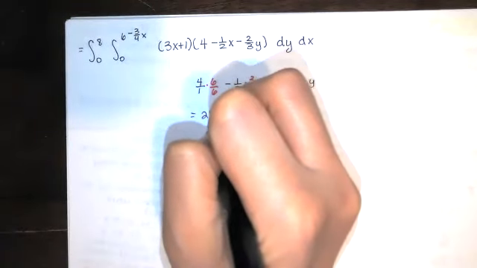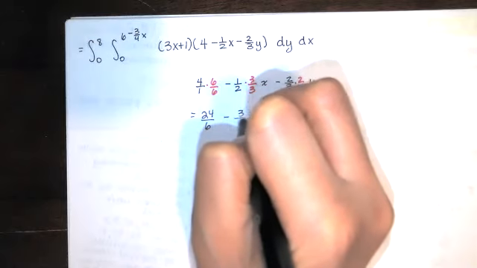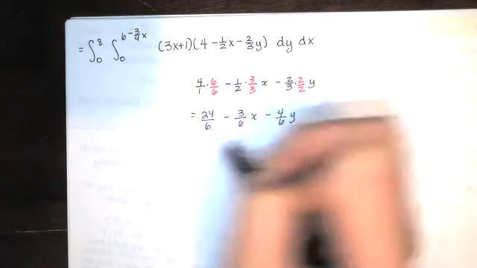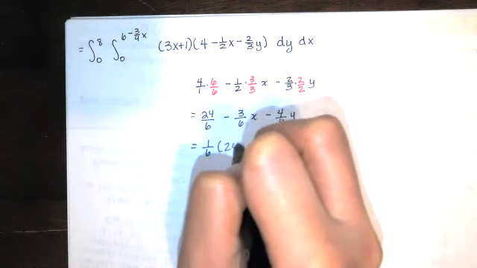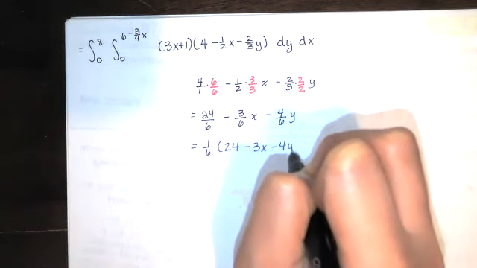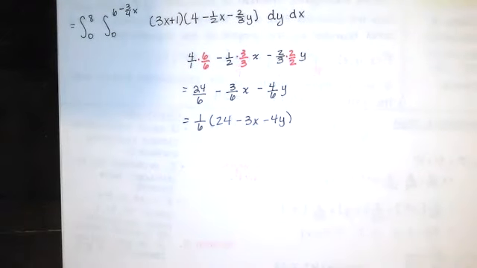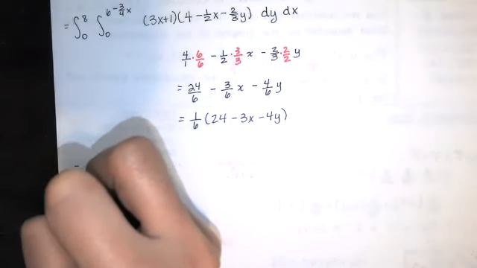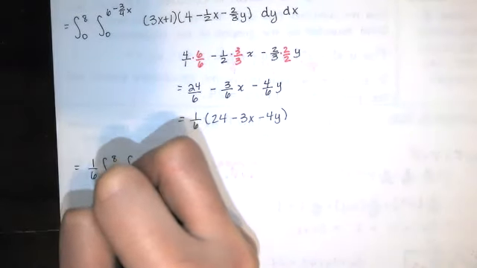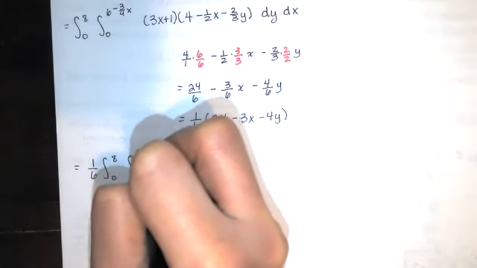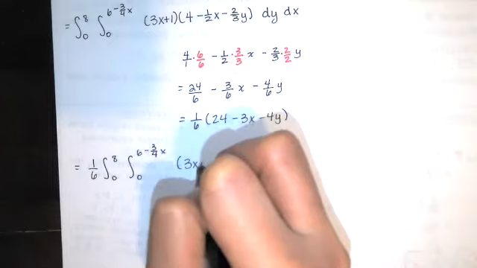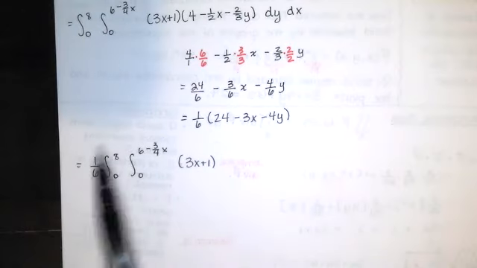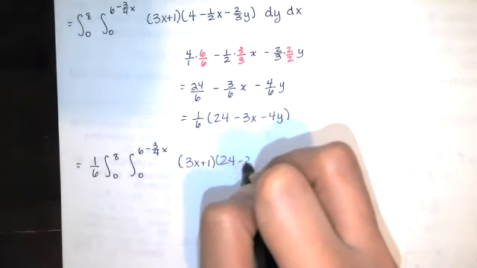And so I'll have 24 over 6 minus 3 over 6 x minus 4 over 6 times y. And then I can factor out the 1/6. I'll bring it outside of my integral. And so I have 3x plus 1 times 1/6 times all of that. So I pulled the 1/6 out, and I'm left with this.